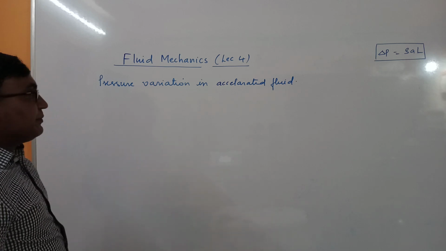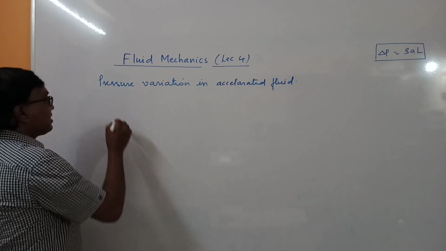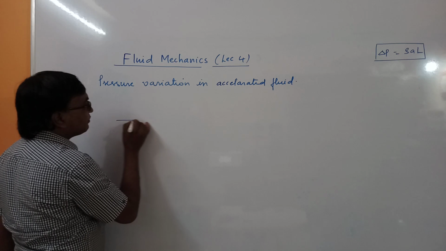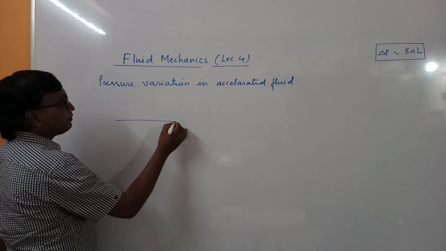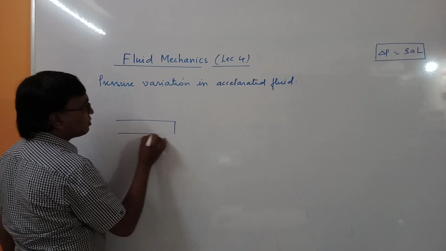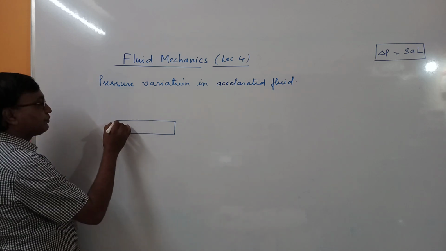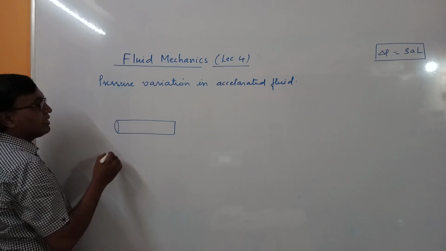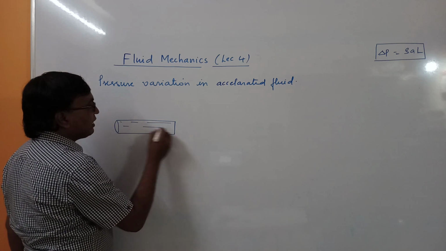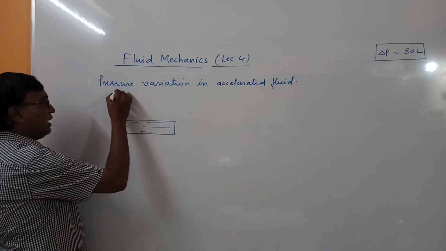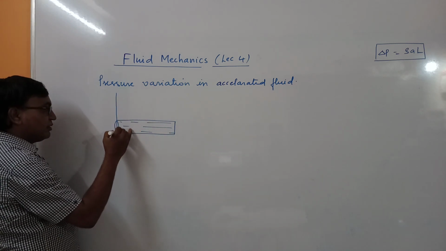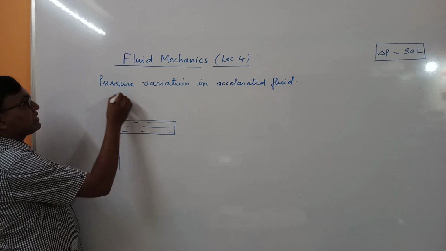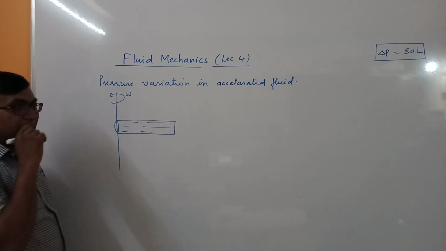So similarly, let us take a tube filled with fluid. Let us say this is a tube, and this part is open to atmosphere, and let us rotate this tube about this axis with angular velocity omega.